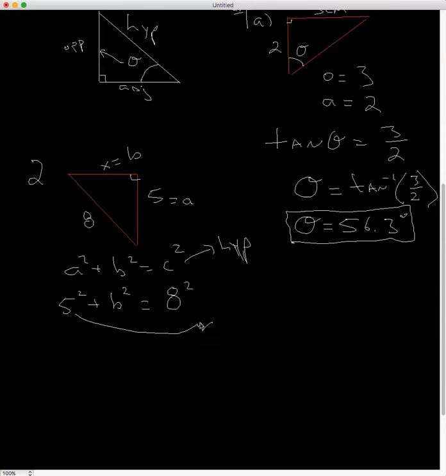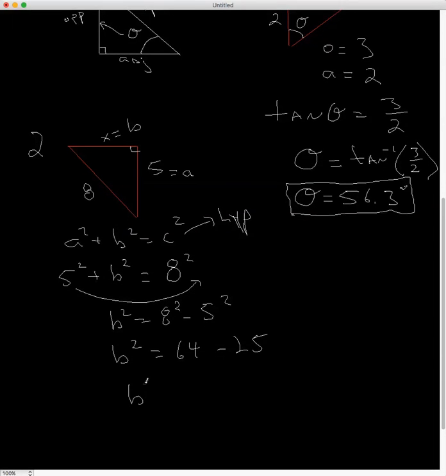Bring this over here. I have b squared is equal to 8 squared minus 5 squared, changing the sign. b squared is equal to 64 minus 25. We do the subtraction and we get 39.